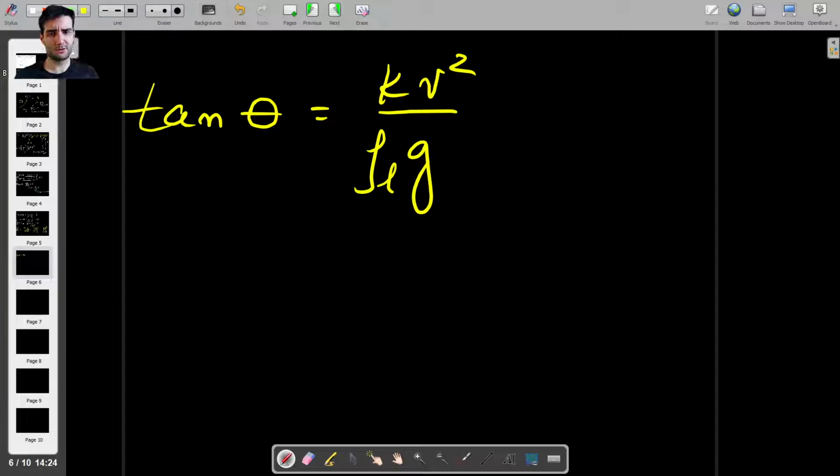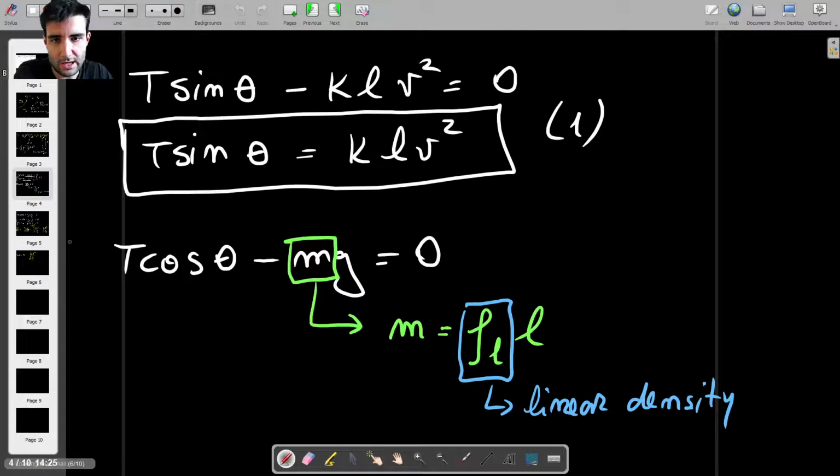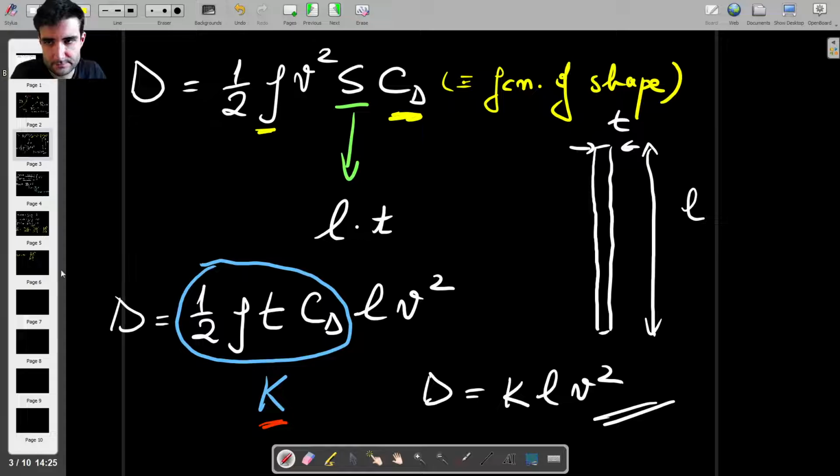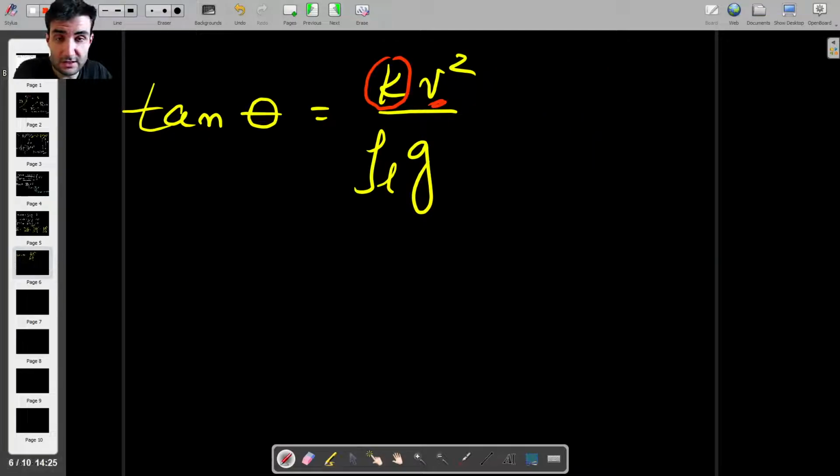So let's take a closer look at this. This K we discussed earlier is a constant. And V is also constant, because the helicopter is flying with a constant velocity. The linear density is a constant because it is a material property of the cable, and of course g is constant.